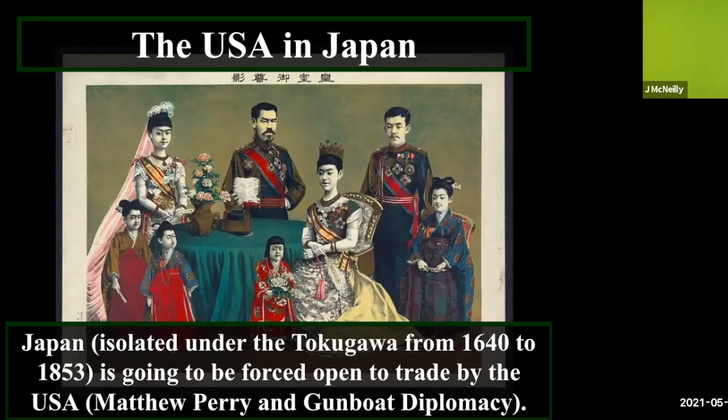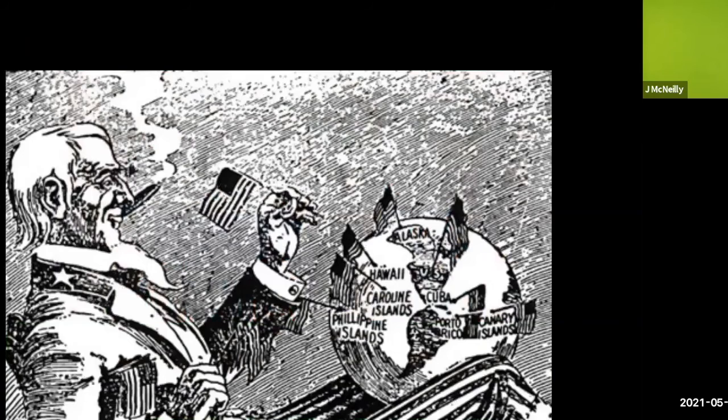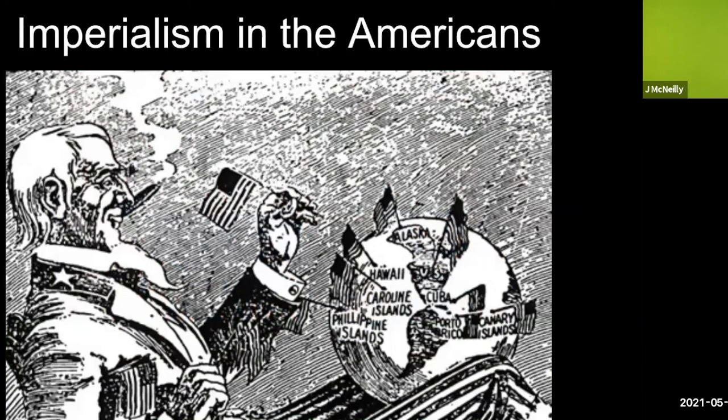And so we're going to see that these imperial powers like Germany and Japan and the Ottoman Empire in World War I are going to commit some human rights violations. Now, what about the United States? The United States is going to become an imperial power in Latin America, the Caribbean, and the Pacific.